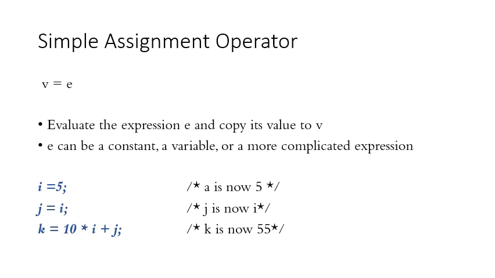So for example, 5 is a constant that is being stored in your variable I, and the value of I is now being copied to the variable J. So J will now be equal to I. We can have more complicated expression like 10 times I plus J, which is being stored to your K.